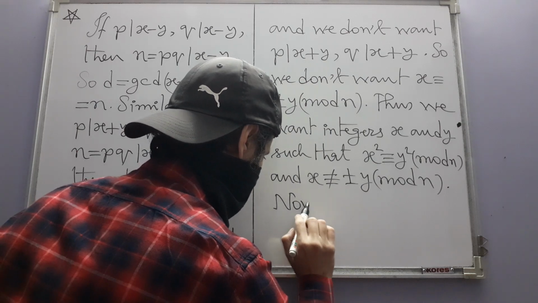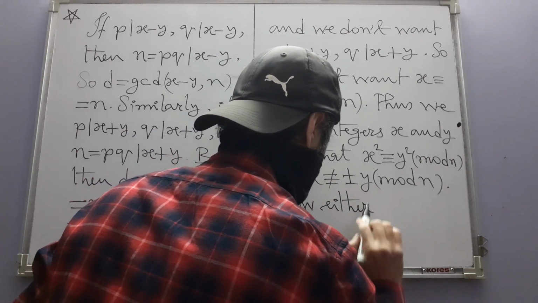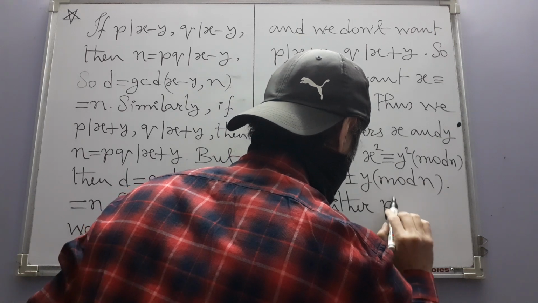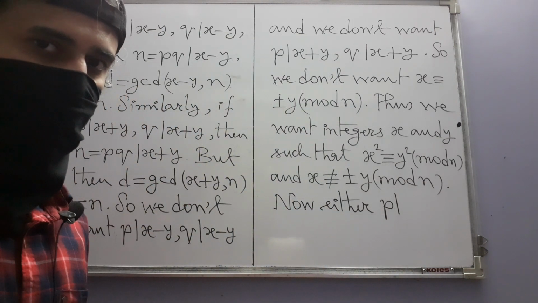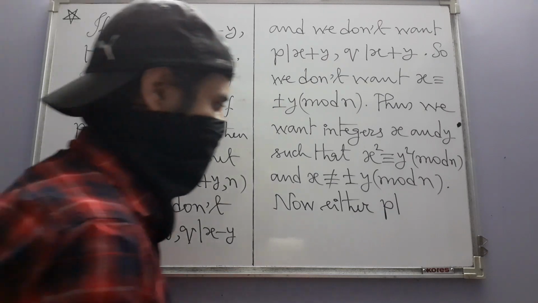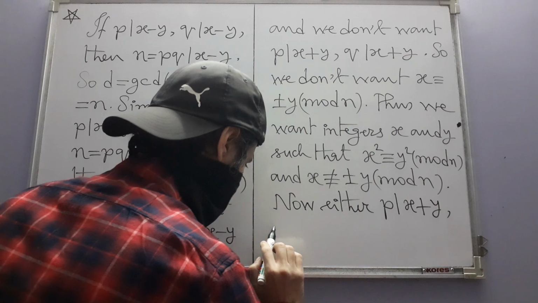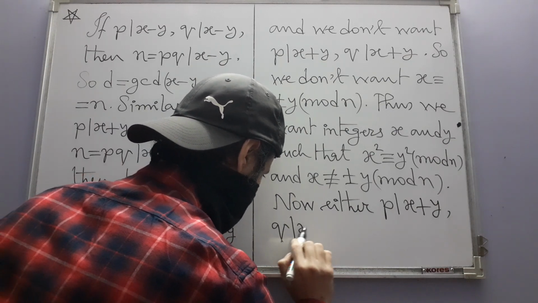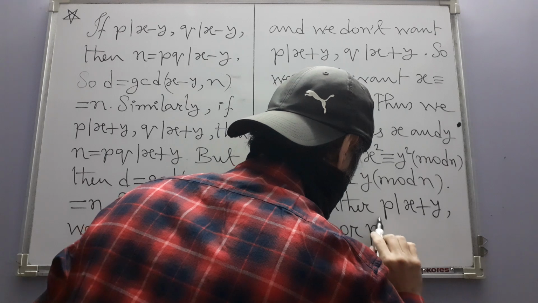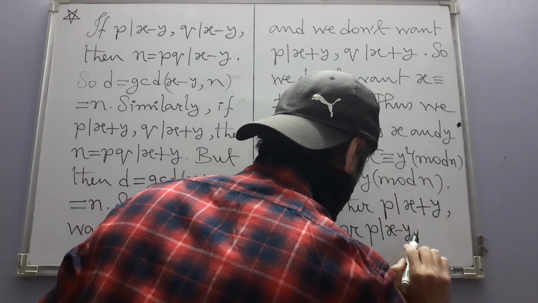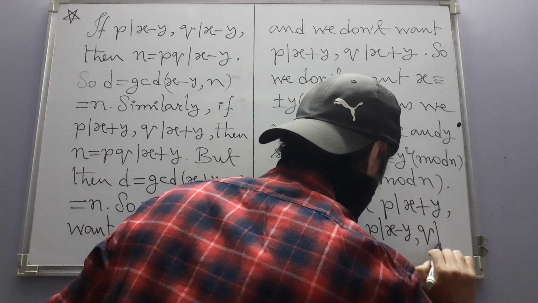So that means that remaining 2 conditions should be true. That means one of them should be true. Either d divides x plus y and q divides x minus y, or d divides x minus y and q divides x plus y.